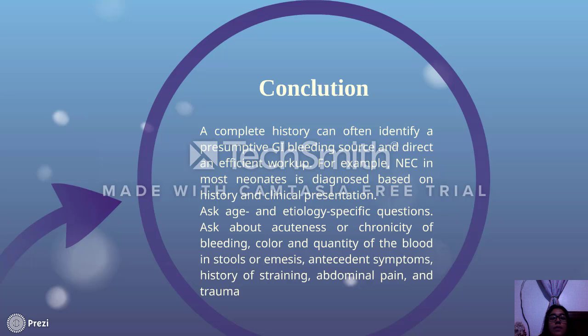For example, diagnosis in most cases is based on history and clinical presentation, with age and etiology specific questions, such as acuteness or chronicity of bleeding, color and quantity of the blood, and any history of straining, abdominal pain, and trauma.